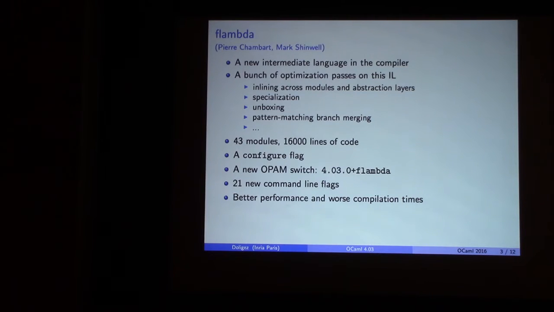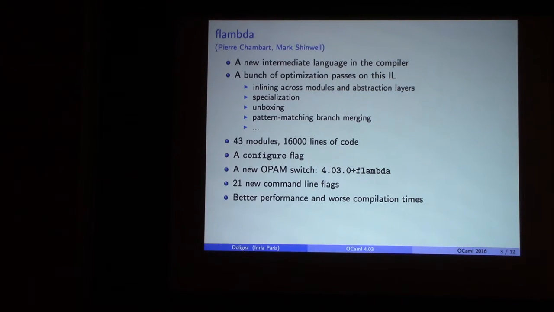It's a new intermediate language in the compiler. It's a bunch of optimization passes for this intermediate language. I've listed just a few of them. It is 43 new modules in the compiler source, which comprise 16,000 lines of code.